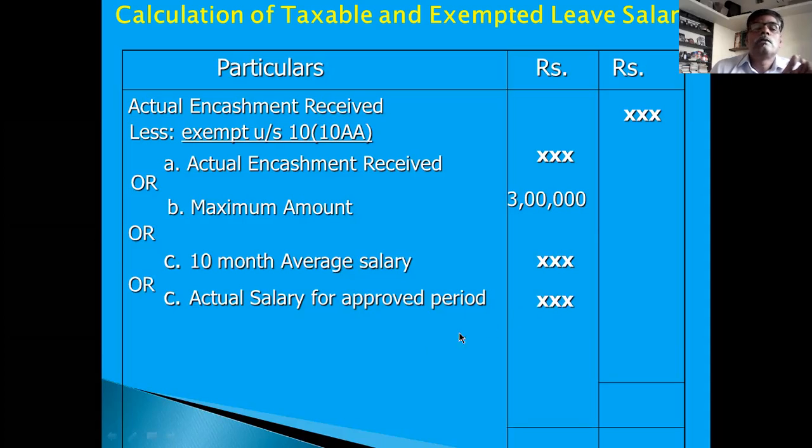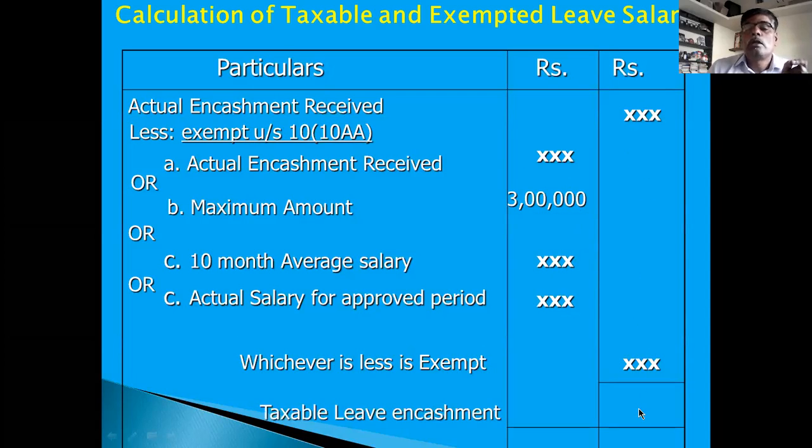Okay, you take the fourth point. And the least of the 4 is exempted. You take it to the outer column and deduct in the outer column. Whatever balance remains is taxable leave encashment. Okay, in this way you calculate this.